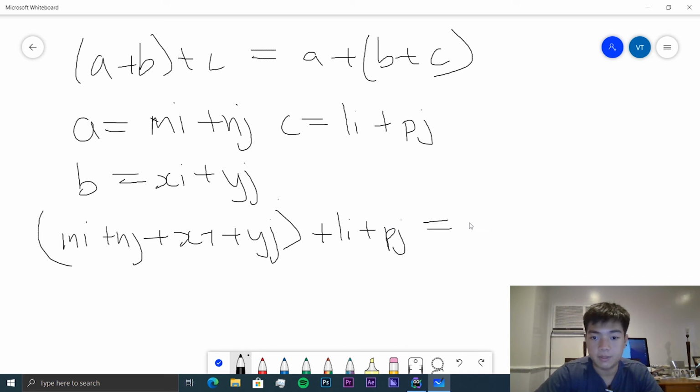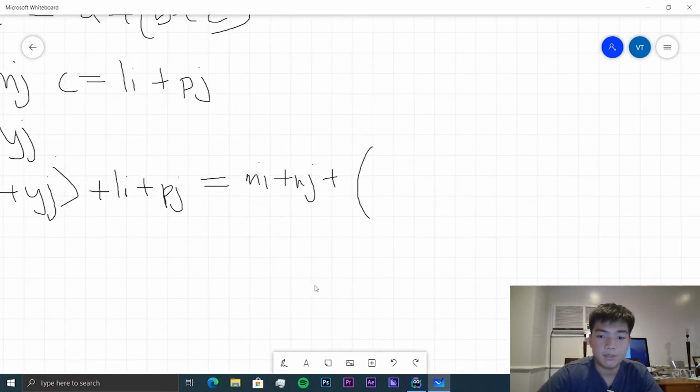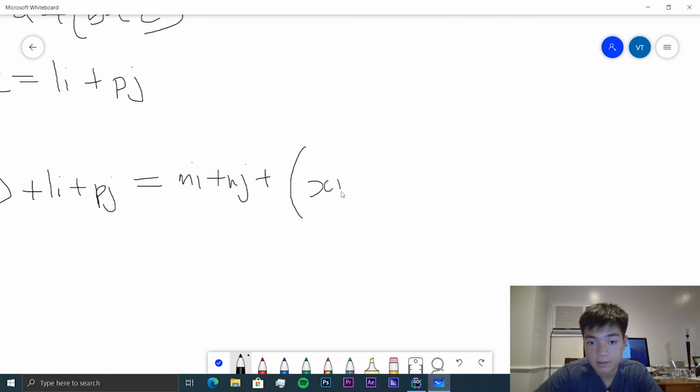And this is equal to Mi plus Nj plus (Xi plus Yj plus Li plus Pj).